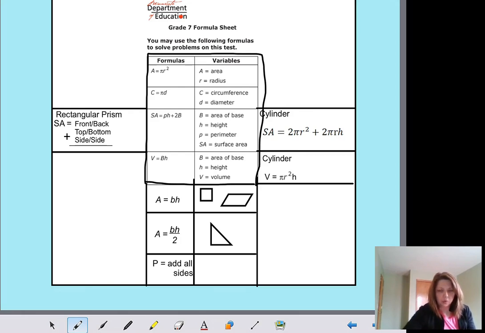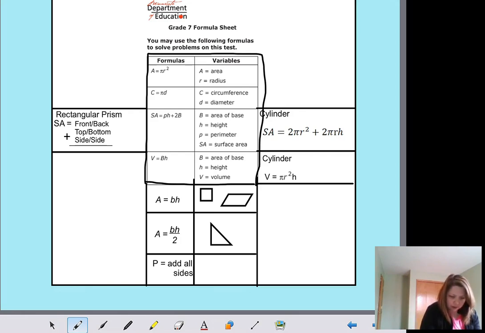When we're talking about surface area, we may have a rectangular prism, sometimes a triangular prism. So how do we get that? Well, the surface area will be found by finding the area of each one of the sides of the prism.